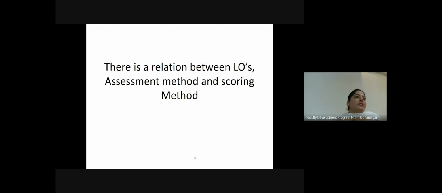So how the teacher is going to evaluate the performance in terms of demonstration when the student is following the different steps designed for that particular activity. So whatever learning outcome you are going to design or write for that particular subject, in line with that, your assessment approach need to be there. And based on that assessment method, there is a scoring method that need to be selected.